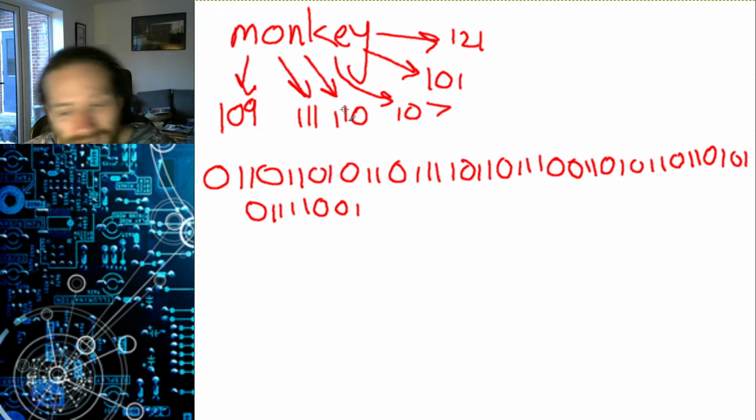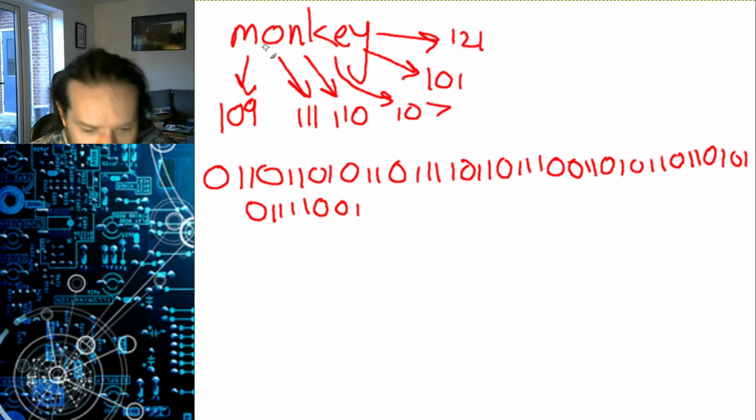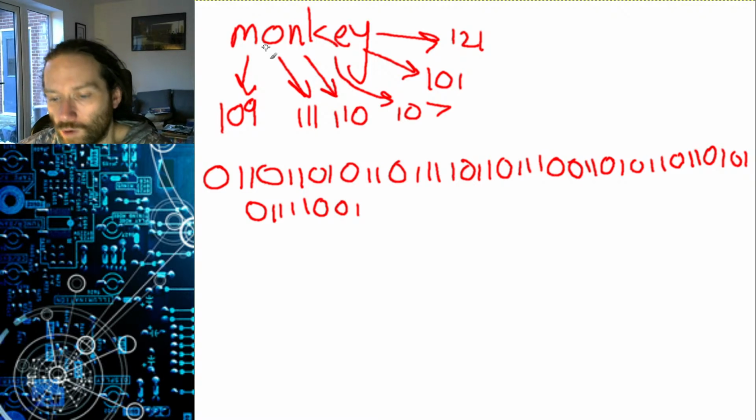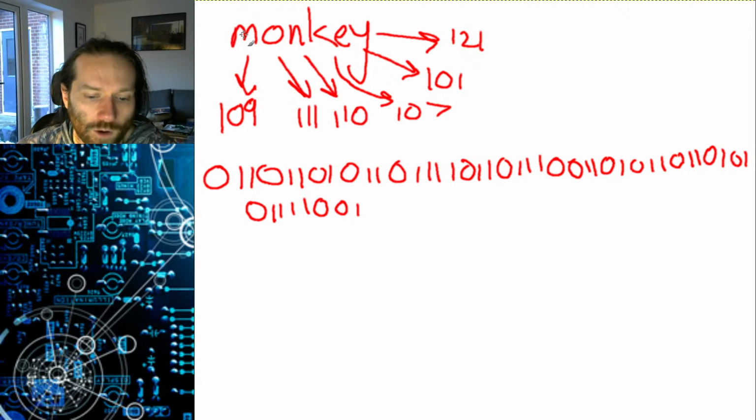So monkey converted to binary, for the benefit of Tommy, is 0, 1, 1, 0, 1, 1, 0, 1, 0, 1, 1, 0, 1, 1, 1, 1, 0, 1, 1, 0, 1, 1, 1, 0, 0, 1, 1, 0, 1, 0, 1, 1, 0, 1, 1, 0, 0, 1, 0, 1, 0, 1, 1, 1, 1, 0, 0, 1.